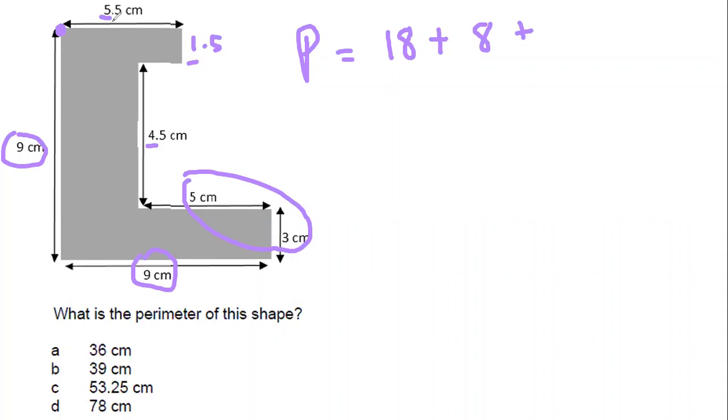5 plus 4 plus 1 is 10. 0.5 plus 0.5 is 1, not true? And 10 plus 1 is what? 11. And plus we have a 0.5 here, so it's 11.5.